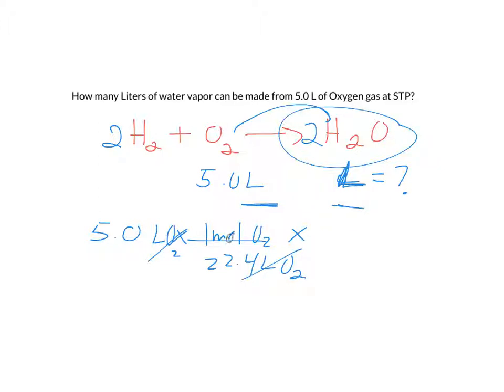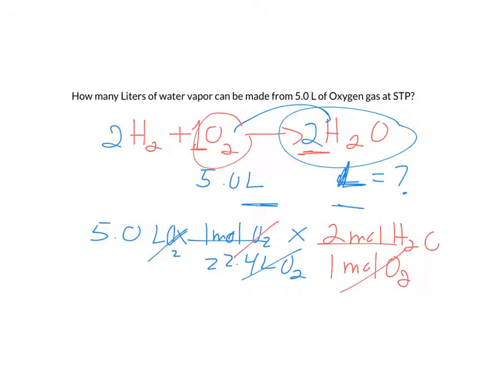Once we're in moles, then we're going to multiply by the molar ratio between oxygen and water, which is 1 to 2. And the water moles are going to go on top so that the oxygen moles can go on the bottom to cancel.